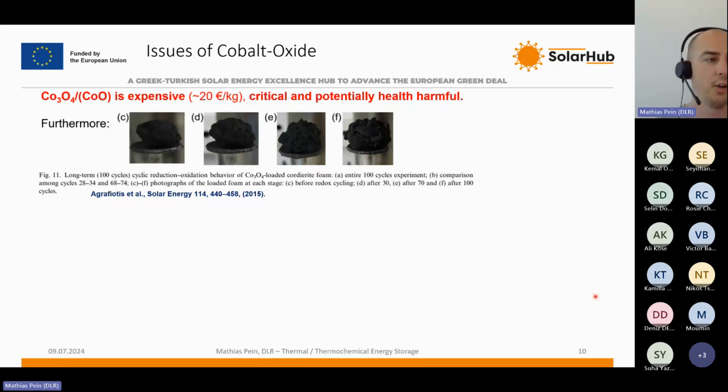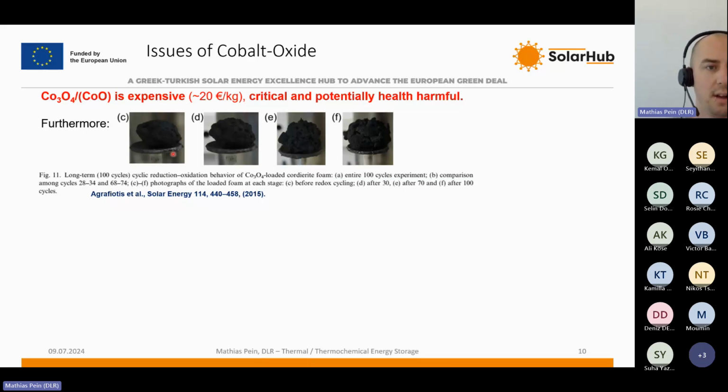And this over 100, 1,000, 2,000, or even more cycles, because you can imagine if you have tons of material in such a storage device, you don't want to change it every couple of days because it's been degrading. So it's very crucial that these materials are withstanding thousands of cycles without a lot of degradation.